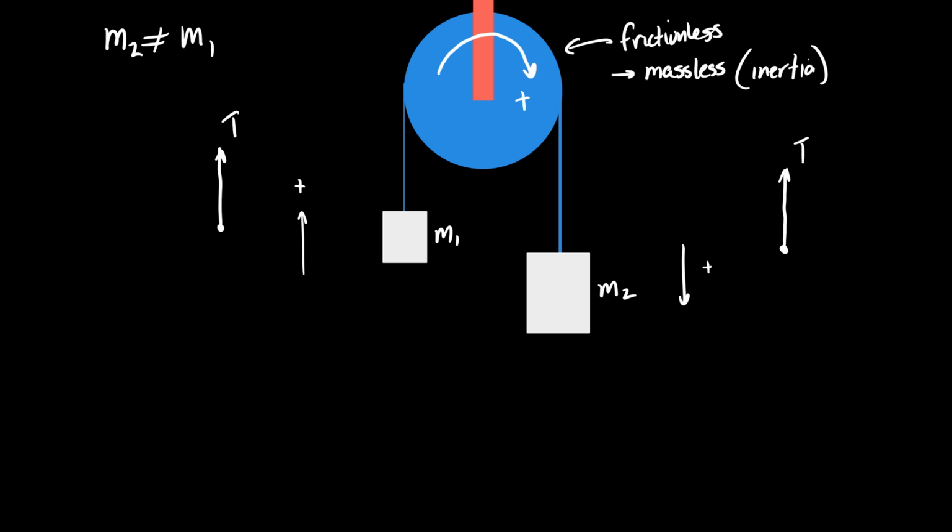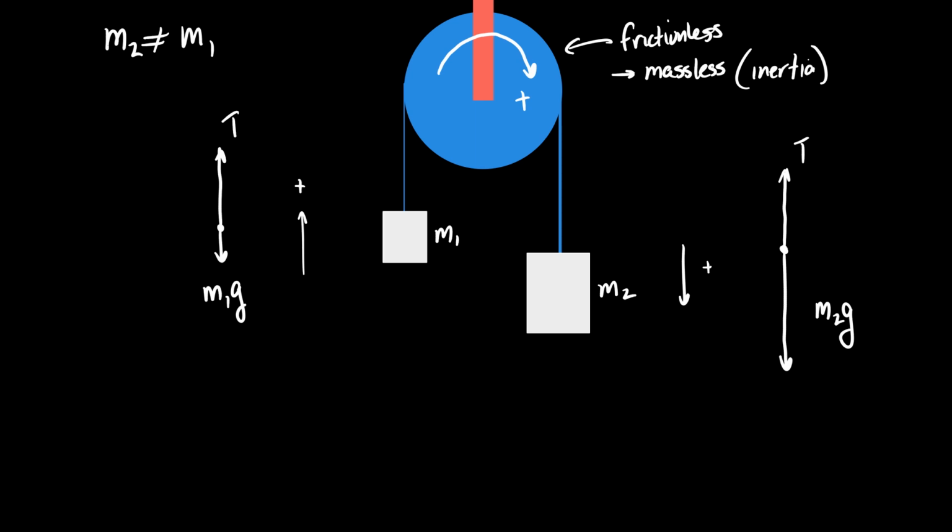But it accelerates upwards on the left side, so that tension better be greater than the weight on the left side. And the weight better be greater than the tension on the right side. Your diagrams will be judged for this kind of consideration. Make sure that you do.